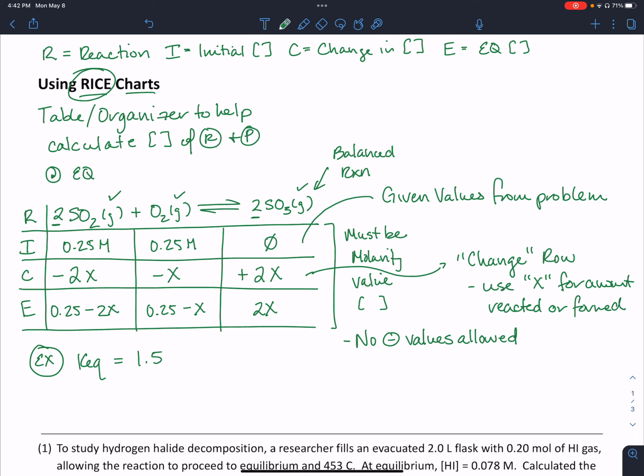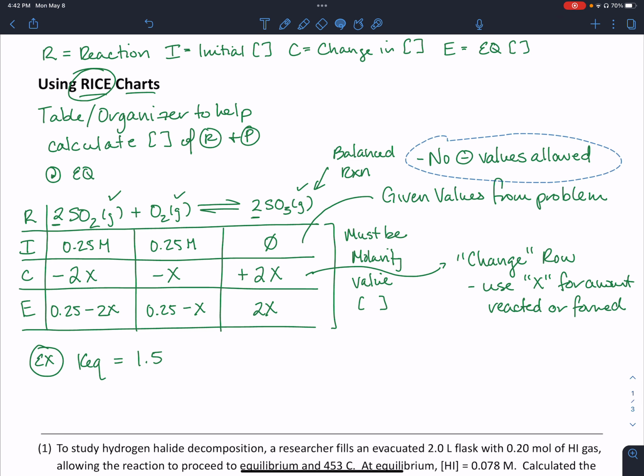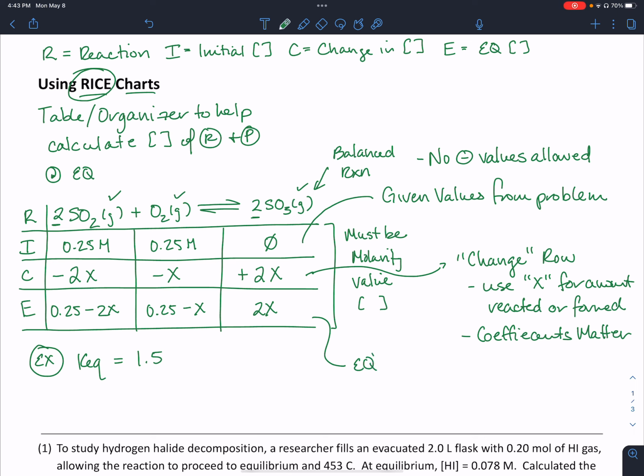And keep in mind that the coefficients matter. And then for this last row, the equilibrium row, you add the I and C rows.